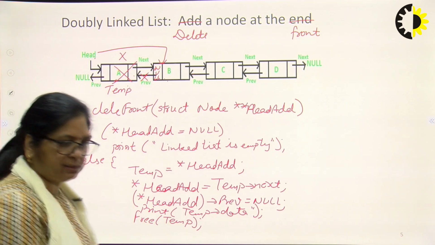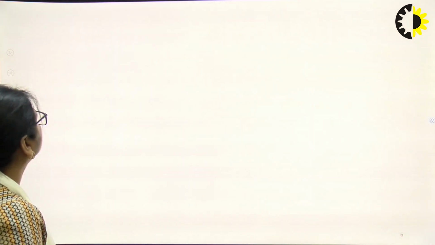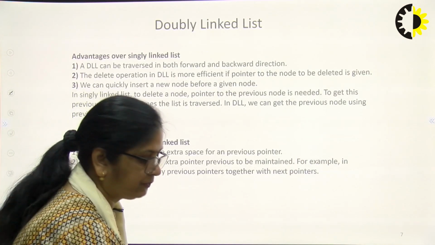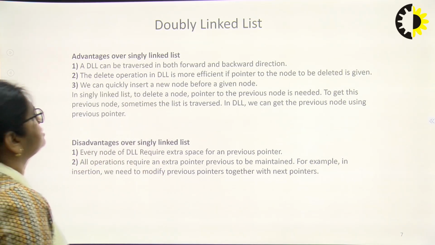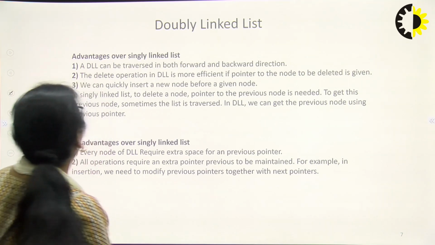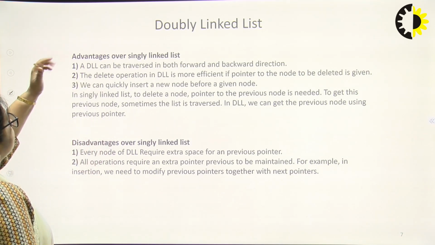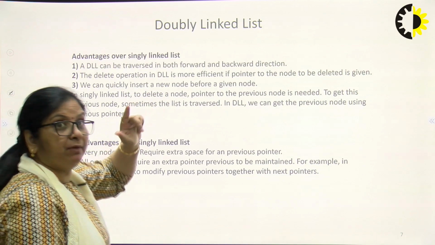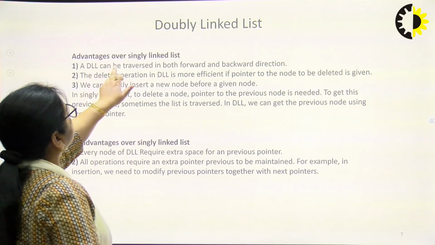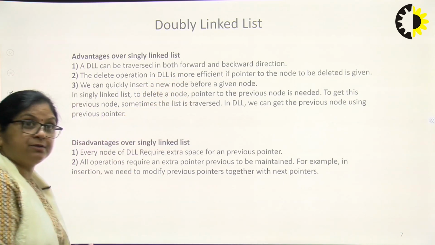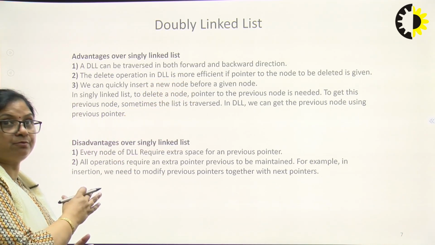Now let us go through the advantages and disadvantages of doubly linked list. In a singly linked list, we were able to traverse in one direction, the forward direction. But in a doubly linked list, we can move in reverse also, because we have a previous pointer also.